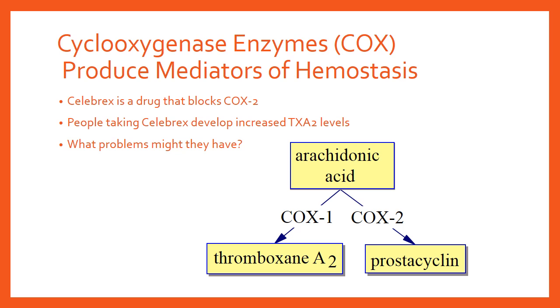But if you prescribe it, or if your patient already receives it, your patients need to know that there is an increased risk for stroke and heart attack. That's of course a consequence of an increase in one of the clotting mediators, thromboxane A2, as a result of COX-1 metabolism, which comes from arachidonic acid metabolism.